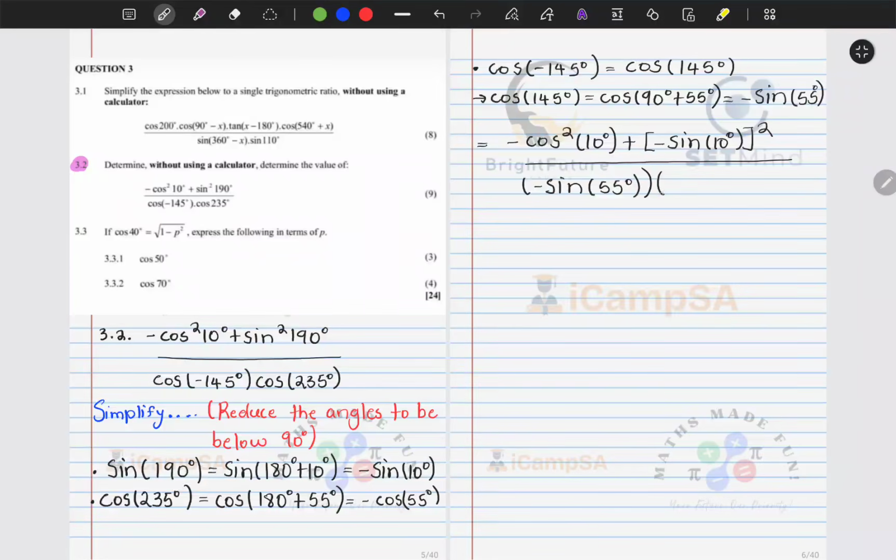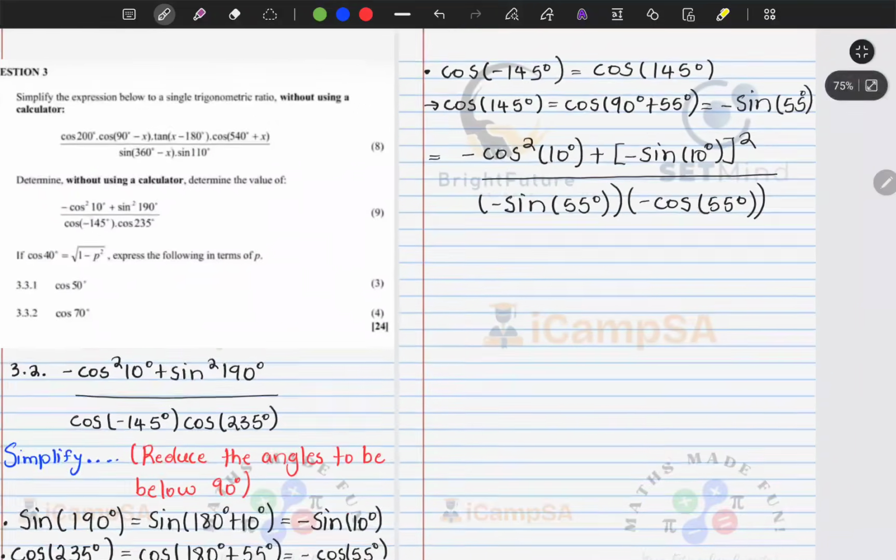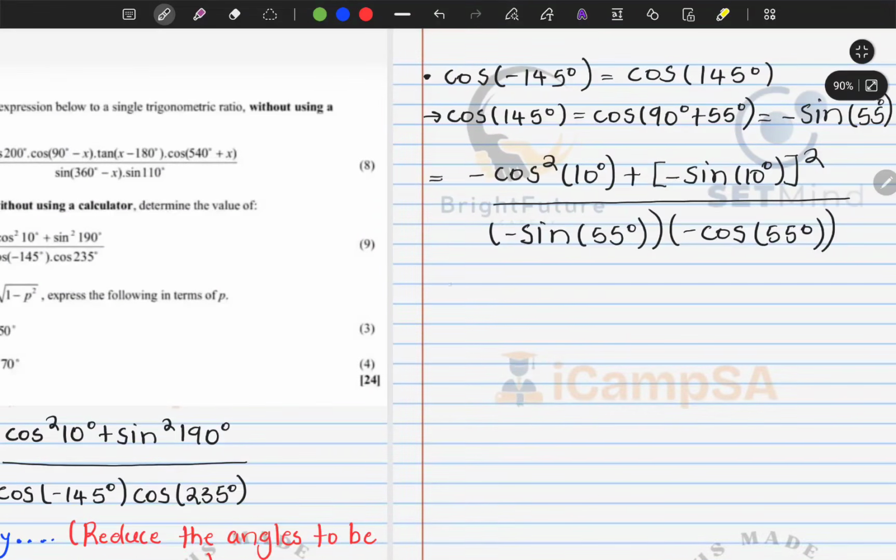Okay, then multiplied by that sine of 235. If you observe carefully, we end up getting it as negative cos of 55 degrees. Okay, now if you look at our numerator, you will see that we will end up having sine squared of 10 degrees and then minus cos squared of 10 degrees.